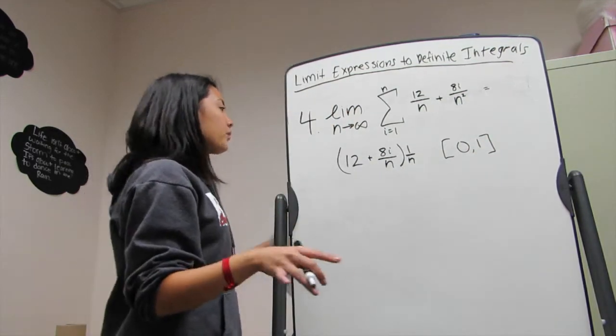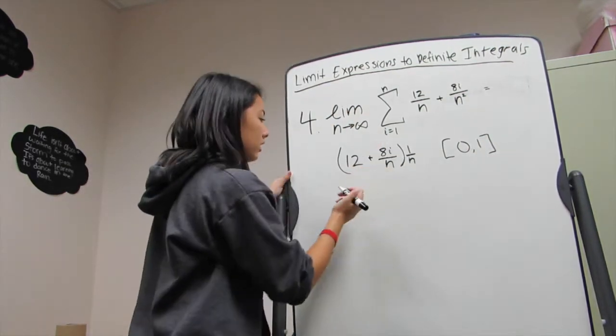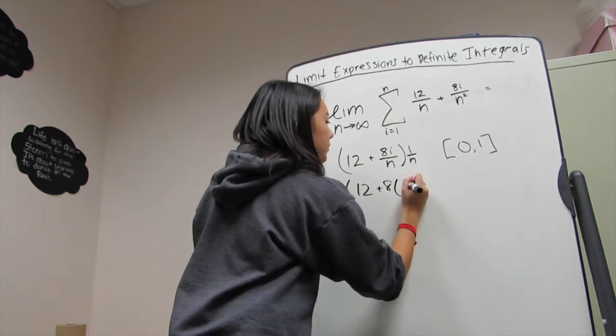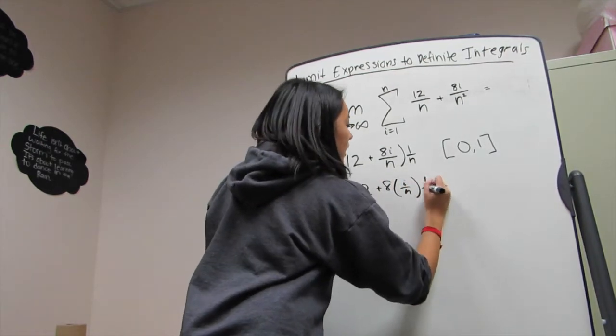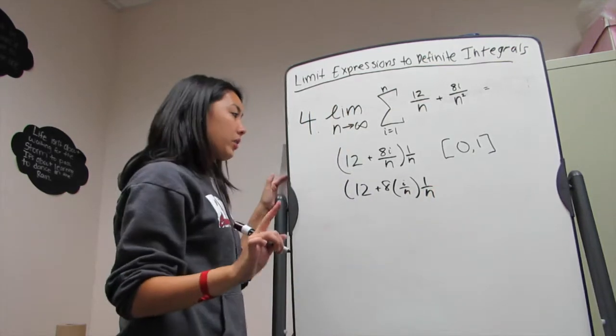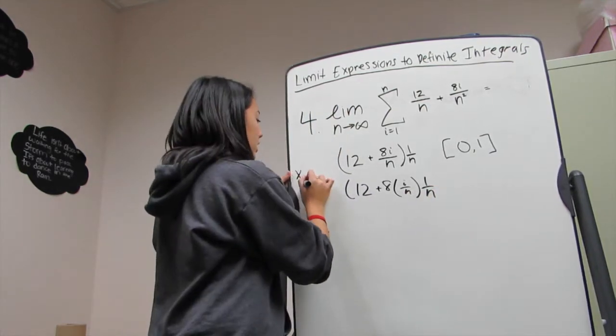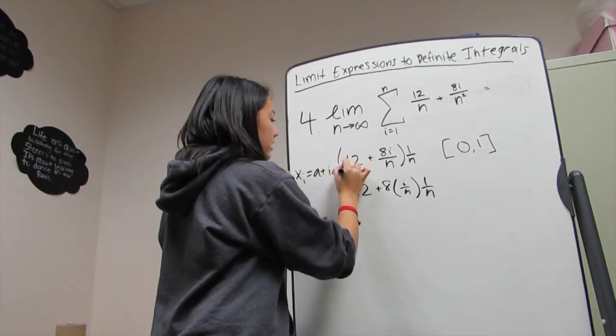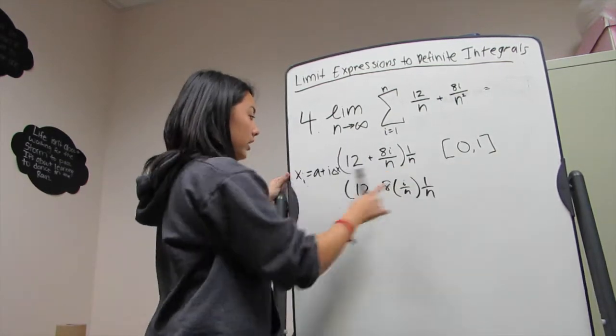And then from here, you can see that 12 plus 8 times i over n is the same thing as our x sub i, which we remember as a plus i delta x, which is correct.